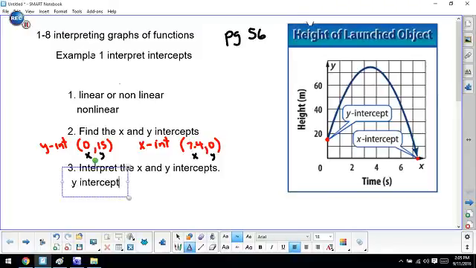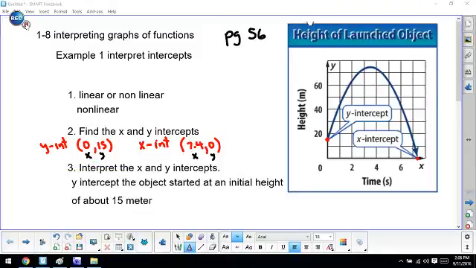Now, what the y-intercept means is that the object started at the initial height of about 15 meters. So from the launch, it started at about 15 meters. Okay? So let's go ahead and write down what the x-intercept says.